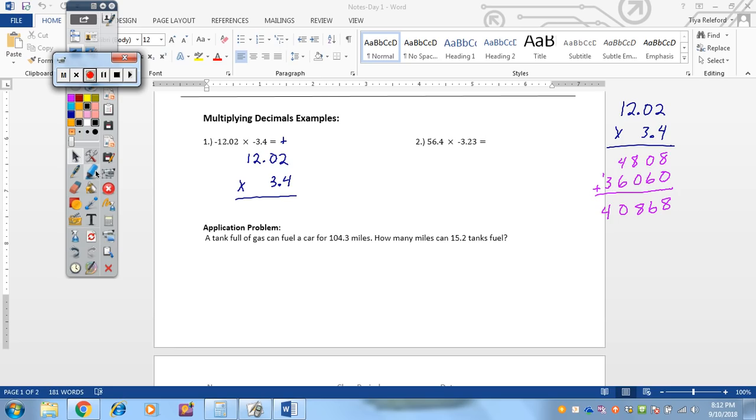All right, our last step says to count the number of decimal places in the problem. So you have to count both. 1, 2, 3. There's 3 in the problem, so there's going to be 3 in my answer. 1, 2, 3. That means my decimal goes right here.